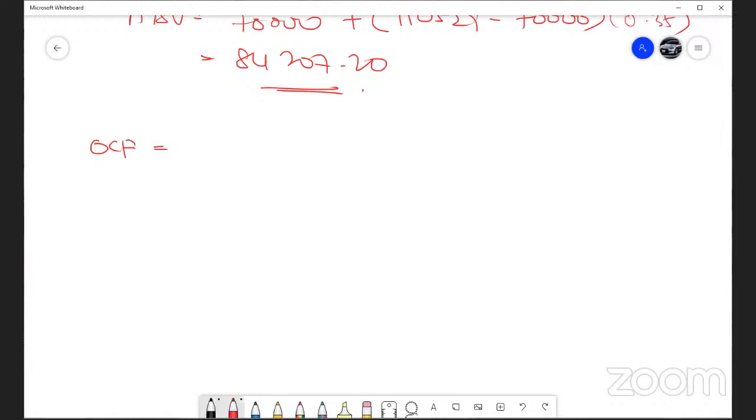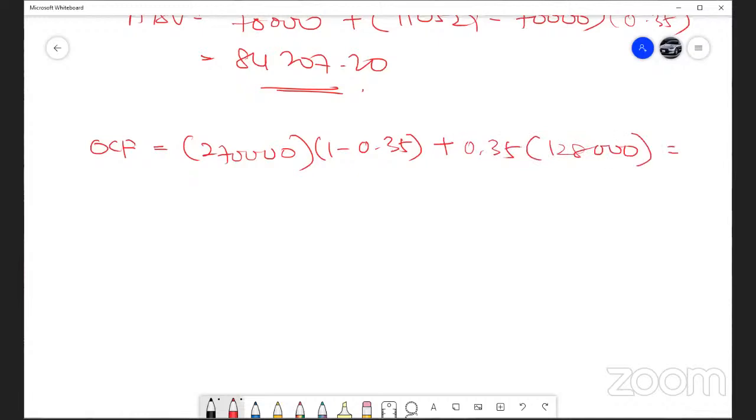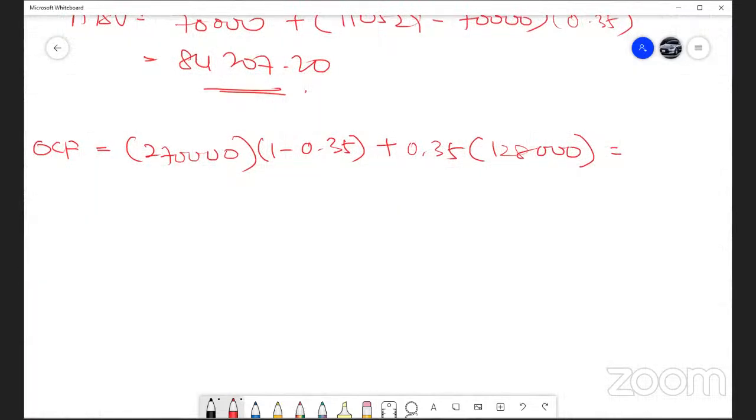So you're getting a cost saving, you're getting money inflow, so no money outflow. So it's 270,000 multiplied by 1 minus T, plus annual depreciation. So this is the cash flow for year 1.